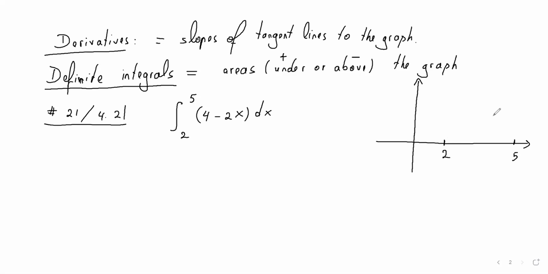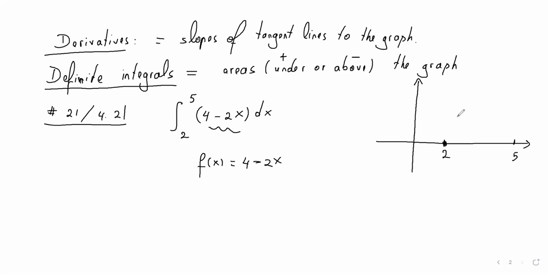So let's say this is 2 and 5. Obviously, my scale is off here, but that's not the important thing. So let's see, what is this function that I'm looking at here? f of x equals 4 minus 2x. And when x is 2, f is 4 minus 2 times 2, so that's 0.